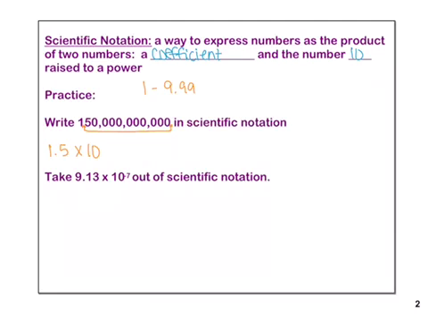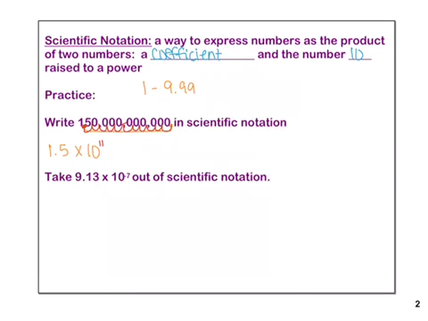To do this, you start where you put the decimal, move it back to where it was originally, and count how many spaces you moved it. So 1, 2, 3, 4, 5, 6, 7, 8, 9, 10, 11. So our exponent would be to the 11th.